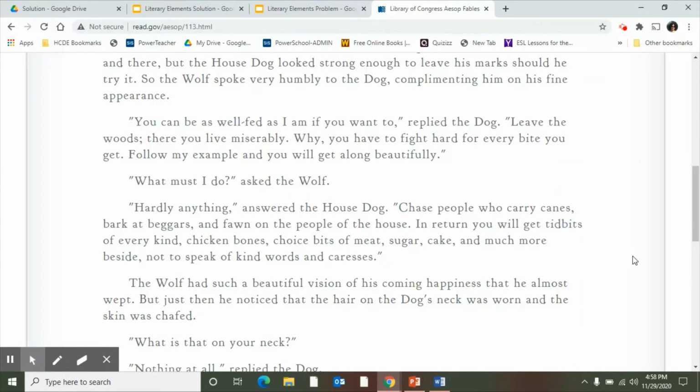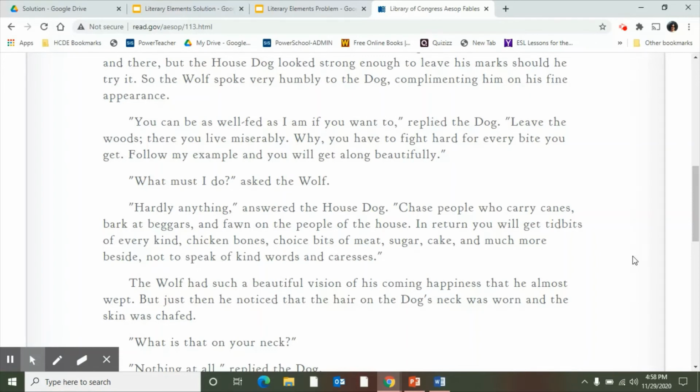"You can be as well fed as I am if you want to," replied the dog. "Leave the woods. There you live miserably. Why, you have to fight hard for every bite you get. Follow my example and you will get along beautifully." "What must I do?" asked the wolf. "Hardly anything," answered the house dog.